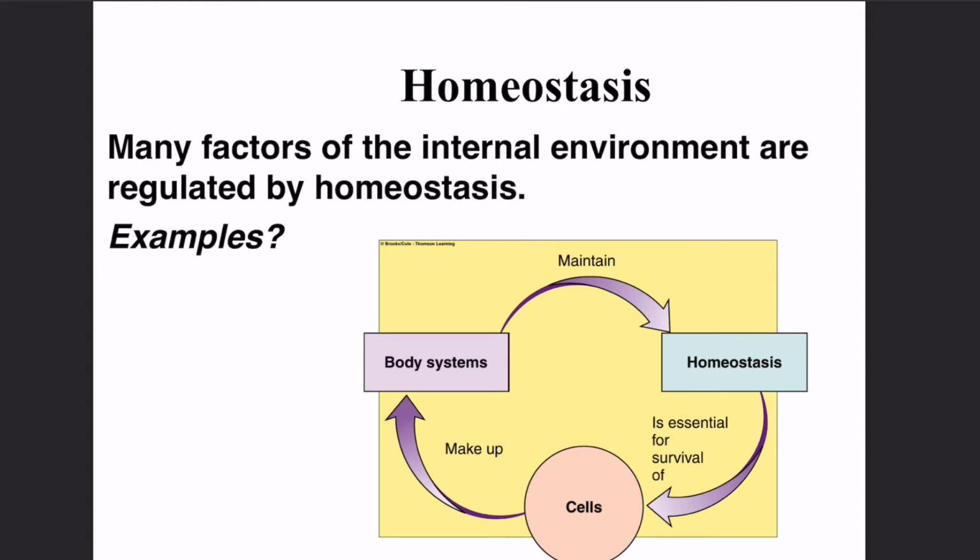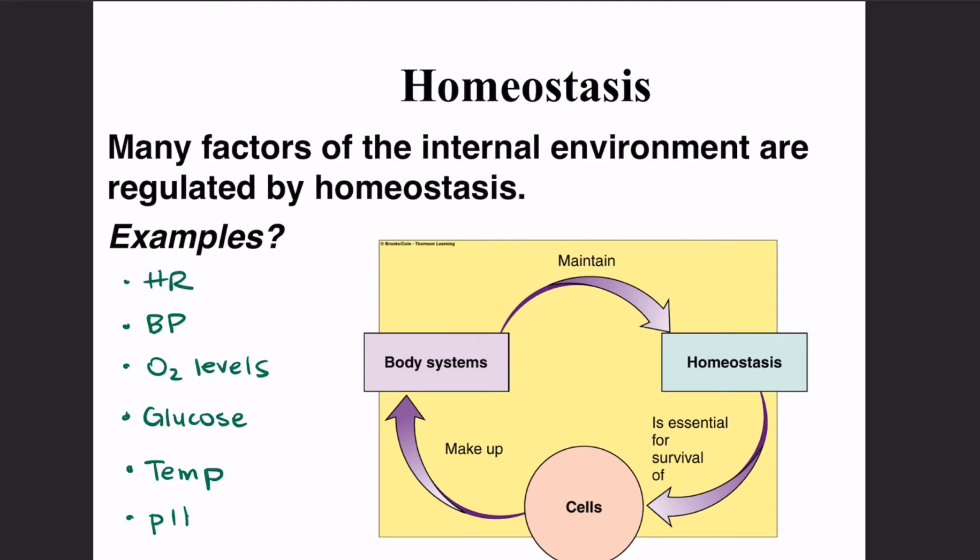So body temperature is one example, but you can think of heart rate. Maybe you can consider your own resting heart rate, blood pressure, oxygen levels. I'm just giving some examples here. Glucose levels in the blood, which we'll talk about in just a second, and body temperature, of course. And we'll talk about a couple others, pH is a good one.